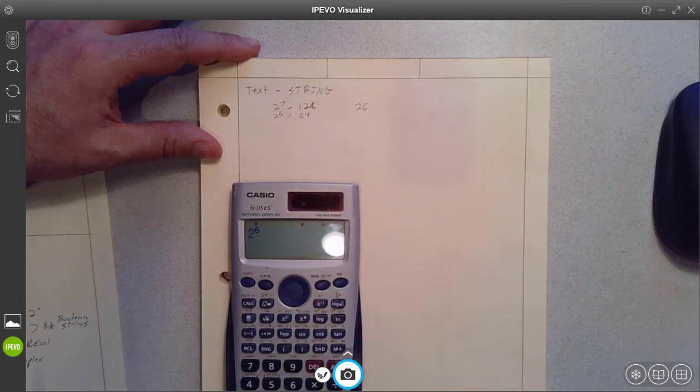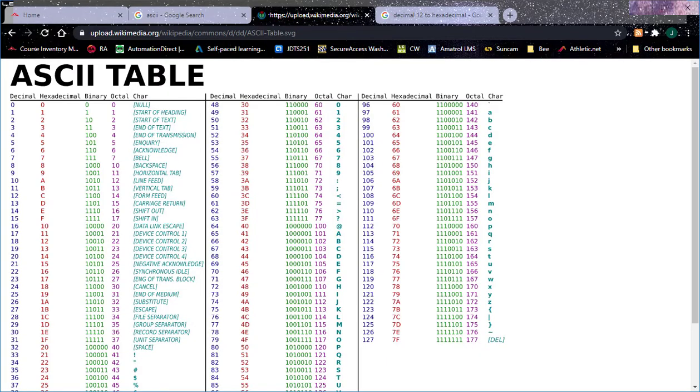So I'm going to show you what the ASCII table looks like here real quick. So this is a representation of the ASCII table. So a group got together when they were moving from teleprinters basically to electronic communication, and were agreeing on a binary representation for the English language.